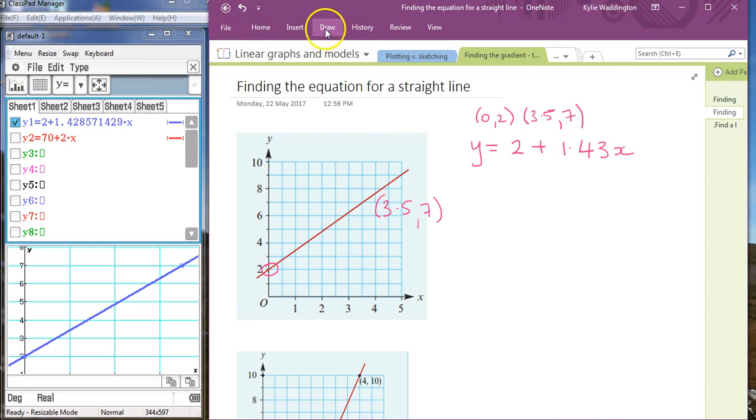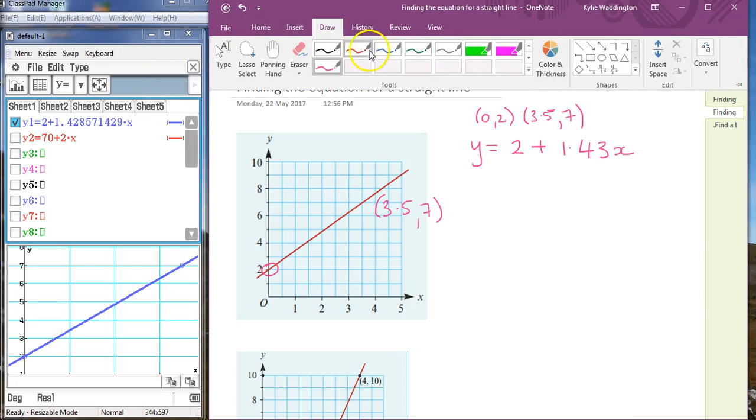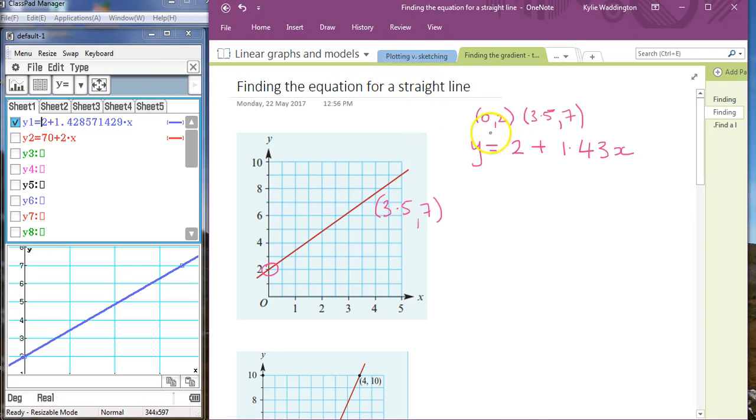We're now going to show how to do that by hand. So we need to decide which one's point 1 and which is point 2. It doesn't matter which one is, it just helps us keep it in our head. Make this x1, y1, x2, y2. And we find the gradient first.